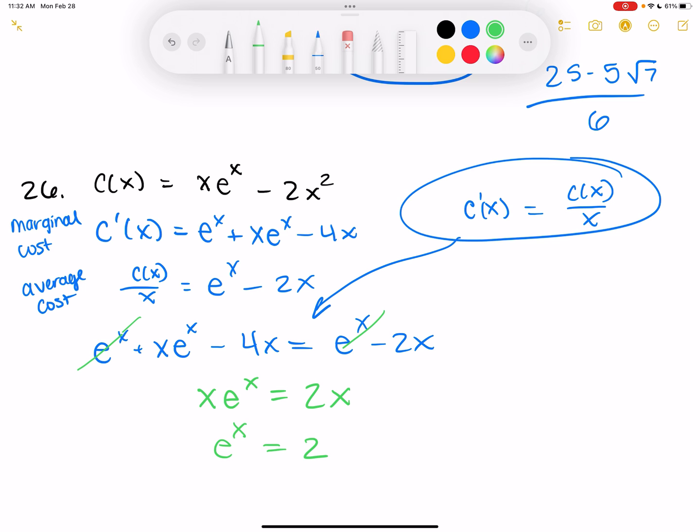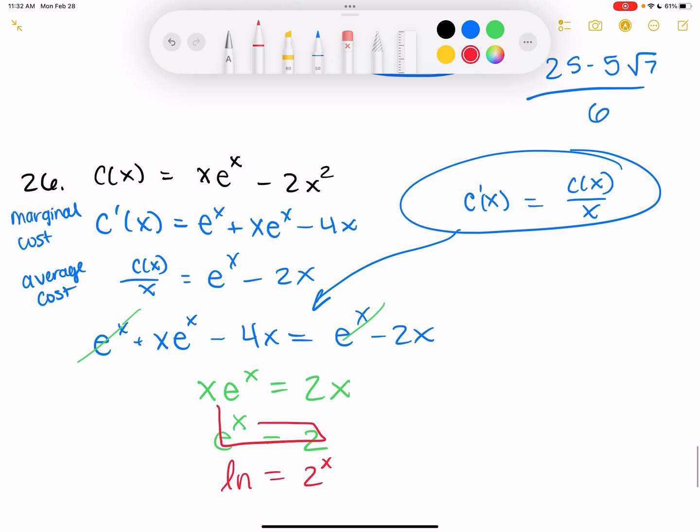Do y'all remember how to do this? The log thing. Log base e of 2 equals x, so ln 2 equals that. Ignore what I just wrote.